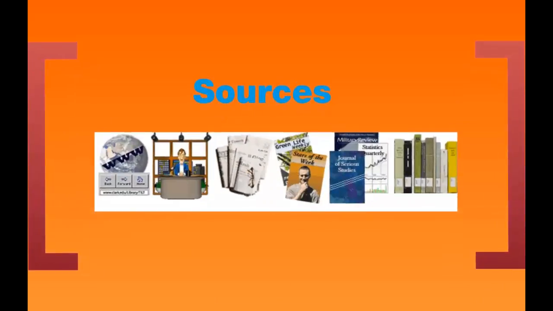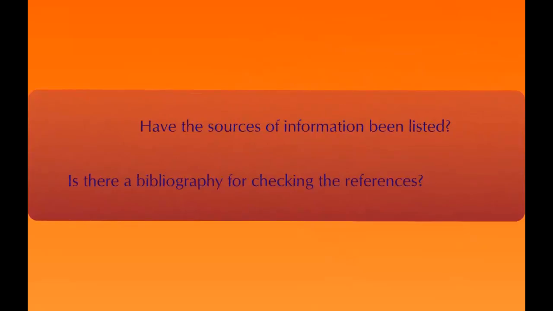The next aspect, sources. You want to take a look at the sources of information that the authors have used. Have the sources been listed? Is there a bibliography for checking the references? You need to be able to check the author's sources. Even if you don't actually go and verify all their sources, having that documentation available shows some credibility and responsibility to the process.